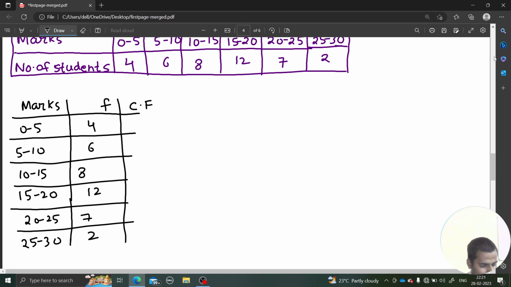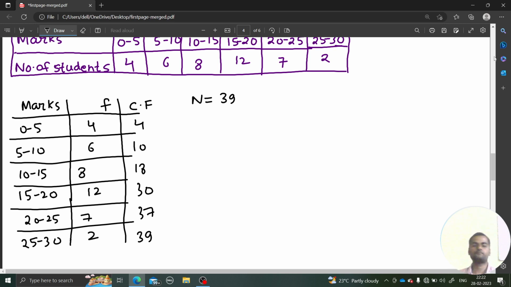Now again in this case also you need to bother about the cumulative frequency that we have to find. So that is 4, then 10, then 18, then 30, then 37 and then 39. So this will be your value of n again, which is 39. Sum of the frequencies, or simply the cumulative frequency.